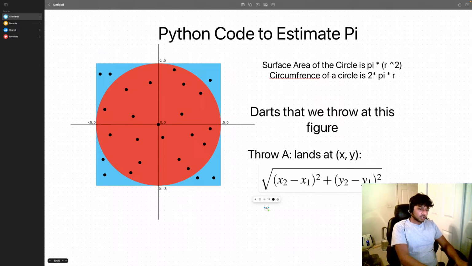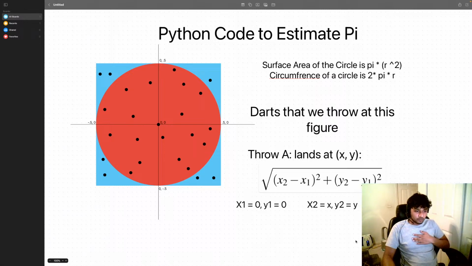So x1 and y1 are equal to 0, and x2, y2 is going to be equal to the x and y of the dart. Right? So that's what we're going to do.